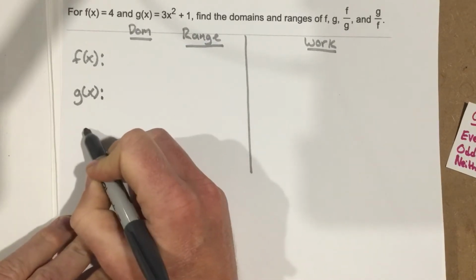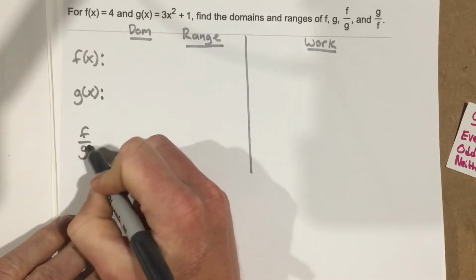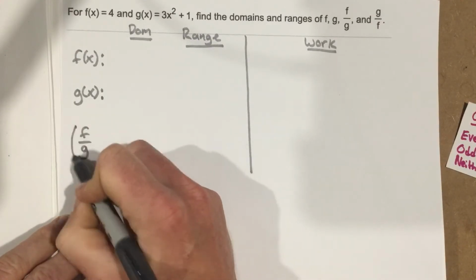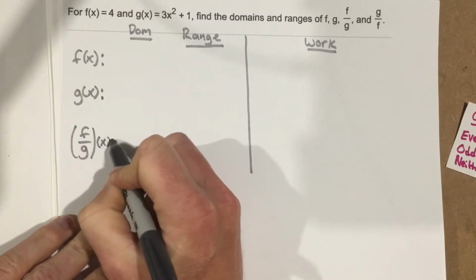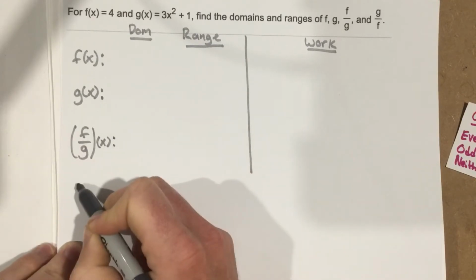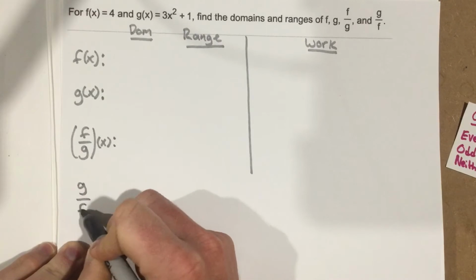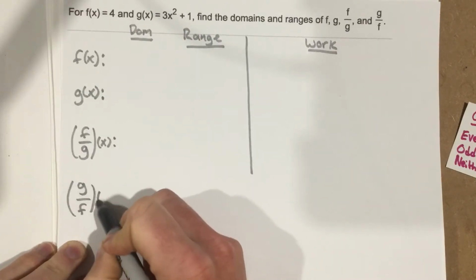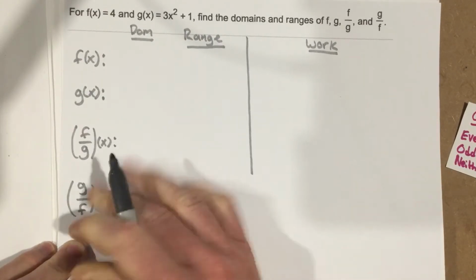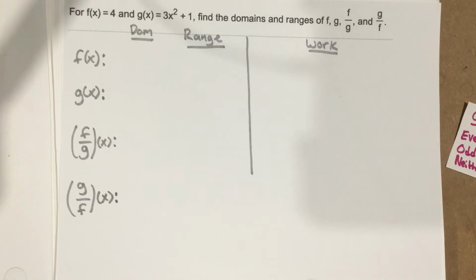Then they want f over g, so f divided by g of x. And then they want g divided by f of x. All right, so we've got everything written out that we need to find.